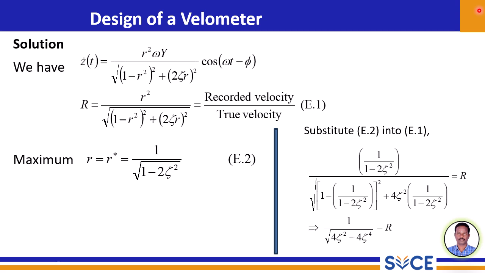This means R should be between 0.99 and 1.01. So we are substituting equation 2 in equation 1, that is, the R value has been substituted, and we simplify it and get this final R in terms of damping ratio. We will see in the next slide what to do.